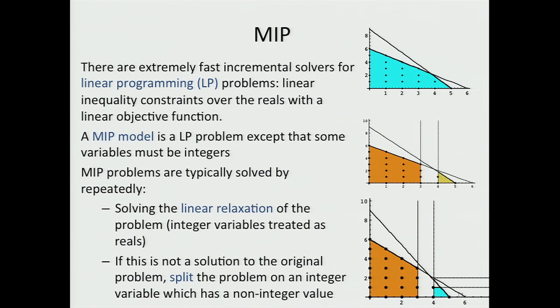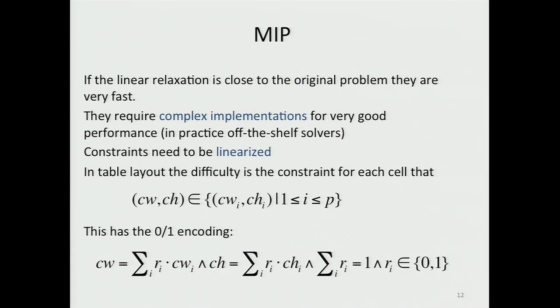So it's constrained to be either greater than the ceiling or smaller than the floor of that value, and it splits into two problems. And then these are solved recursively. Now, if the linear relaxation is very close to the original problem, then MIP techniques are very fast.